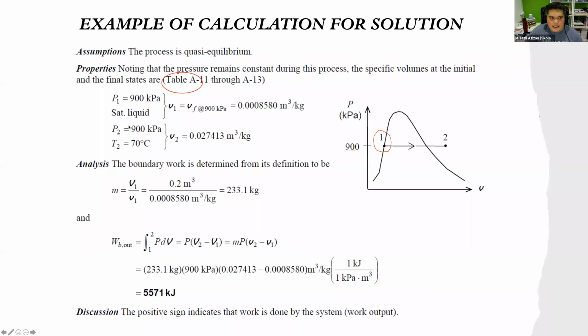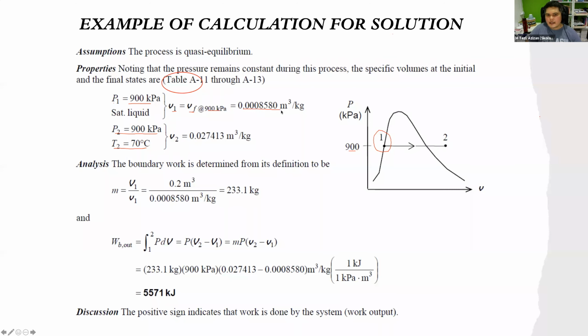And then you heat it up until it reaches 70 degrees Celsius. But the pressure is maintained at 900 kilopascal. Okay. So here, when you want to get P1, it is 900 kPa. Kita akan dapat our V1, specific volume of v1 is v at saturated liquid at 900 kPa.